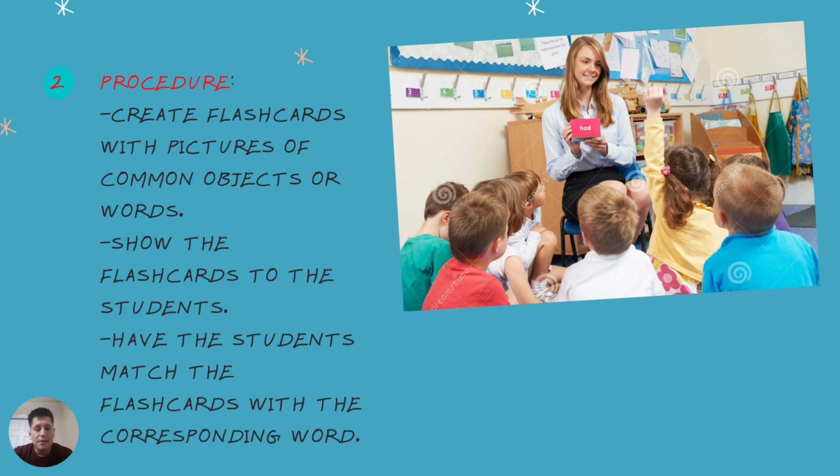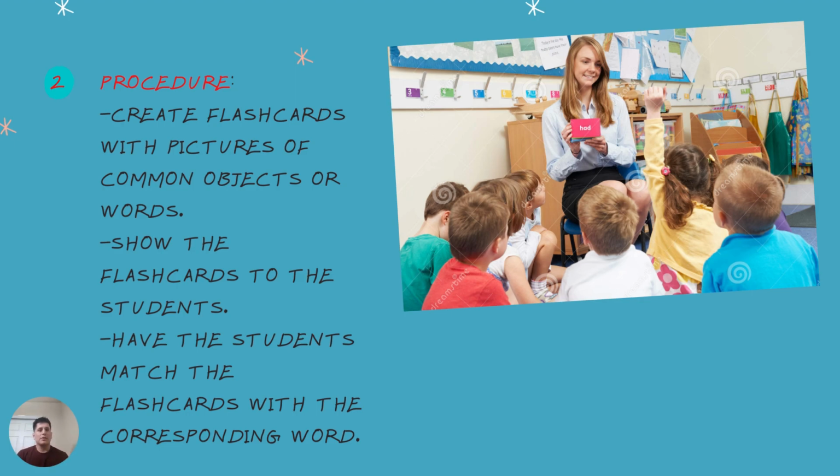After that, the students should work in pairs, in small groups, or even alone. Followed by this, the teacher must show the flashcards to the students with their corresponding object word. I mean, the picture, and below the picture has to be the word that corresponds to the picture.